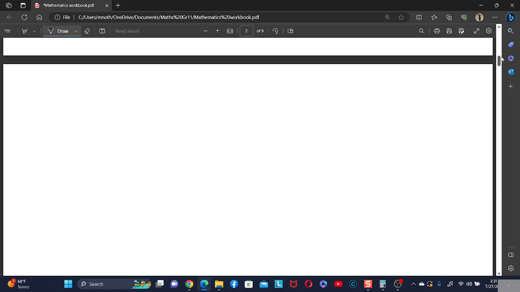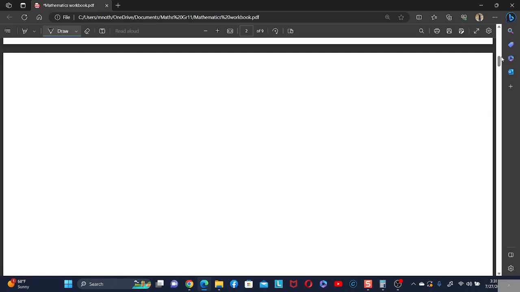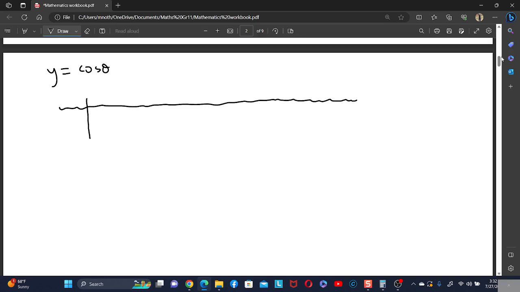The function of cos. So now this one is y equal to cos theta. Now, let's say you are given this table. We have theta.